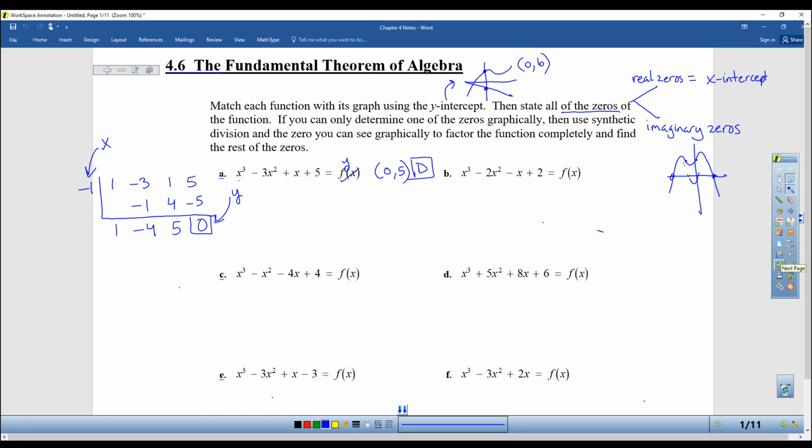But now we can use these to do a couple things. We can factor this. Now I know that x plus 1 is a factor. And then the other factor is x squared minus 4x plus 5. Synthetic is very cool in my opinion. Now normally you'd want to factor again.